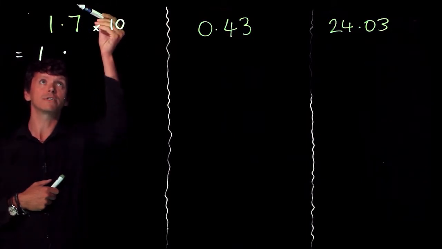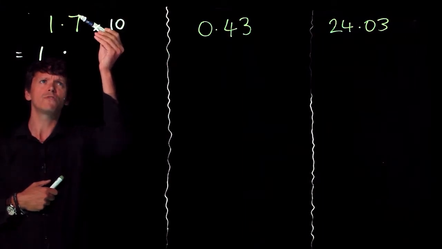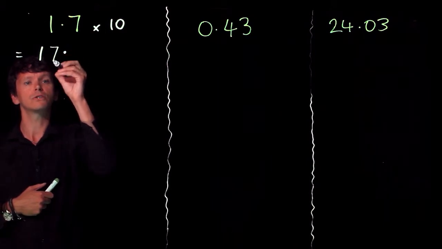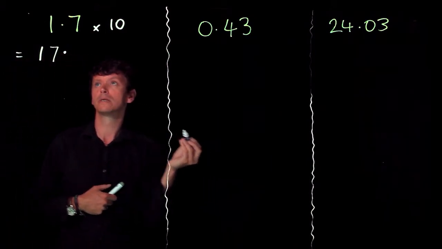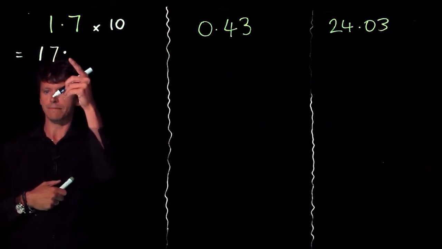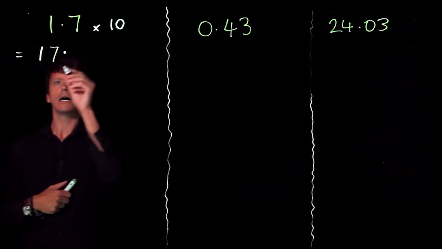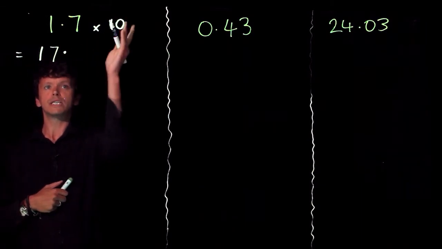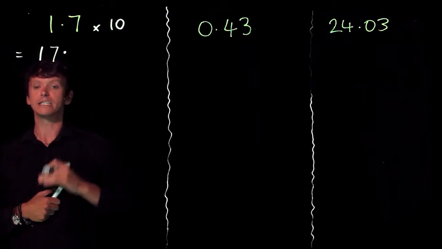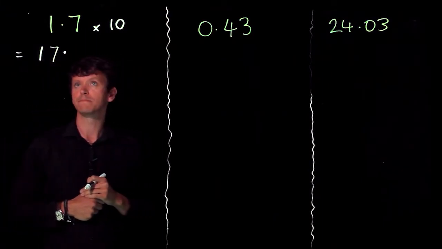Currently it's to the right of the decimal point, it's 7 tenths. But when we move that one place to the left, it jumps into the units column. So 1.7 has become 17. I've drawn the decimal point there just to demonstrate, but with 17, where there's nothing after that, you don't actually need a decimal point when you write your number.